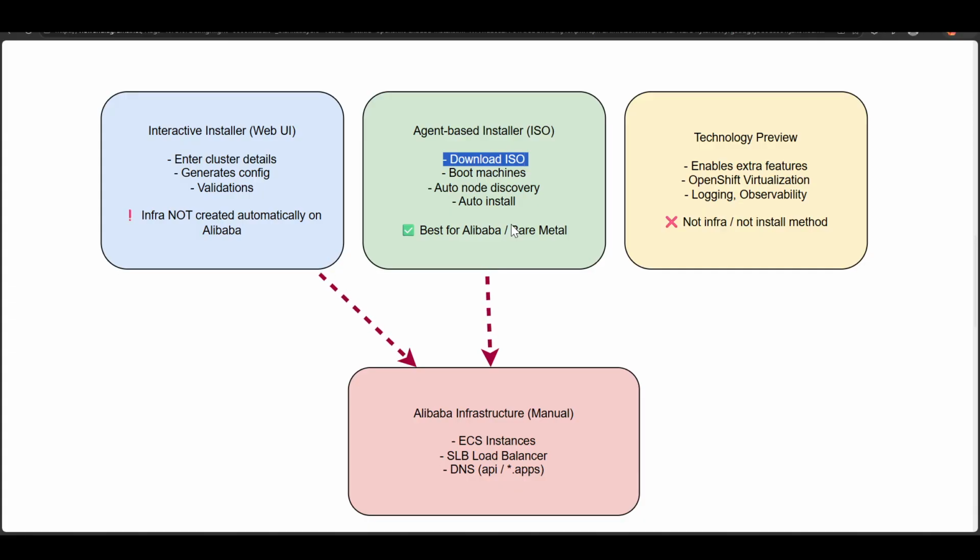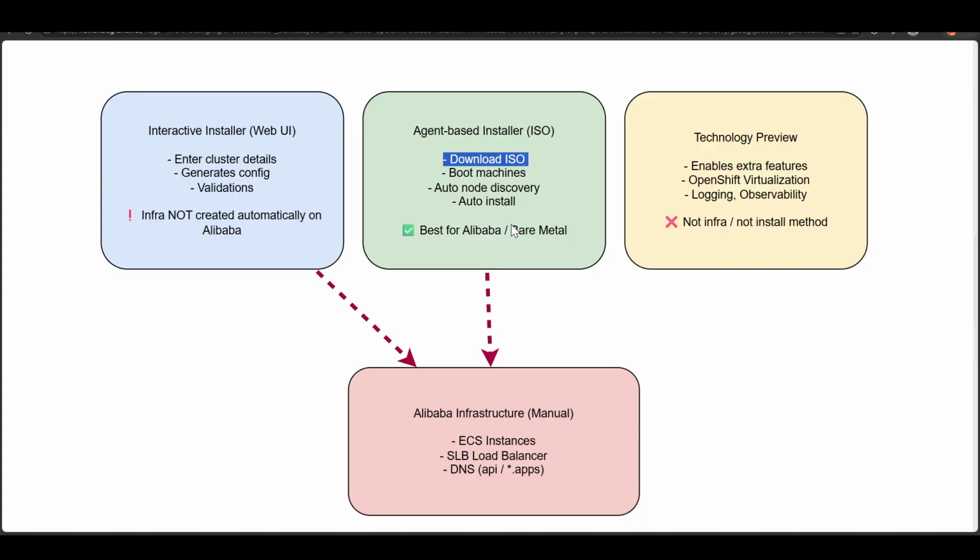So whatever software and dependencies it needs to host as a virtual machine, or to host itself as a master node, which is your manager node, or your worker node, which is basically your data plane, or to act as a bootstrap node. The bootstrap node is basically the first server that gets installed, and then it creates the master nodes and worker nodes from the bootstrap node. So that's basically the starting point of your OpenShift installation.